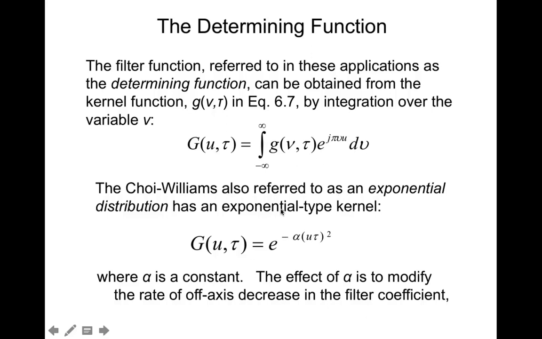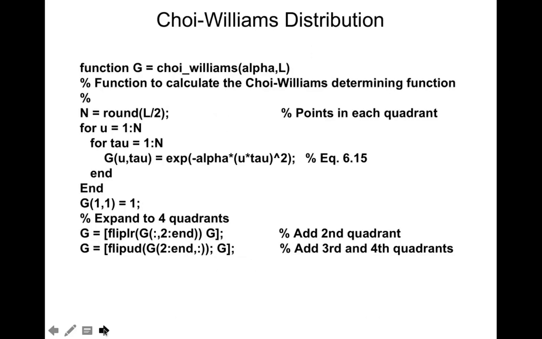If you visualize rotating a Gaussian type shape, it's three-dimensional with u and tau being the axes. And basically what alpha does is it varies how rapidly the filter decays when you go off axis. So here is the Choi-Williams distribution function implemented in MATLAB.